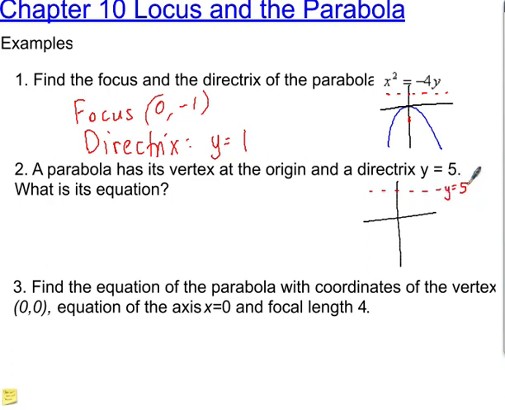That means it must be down there. So if the directrix is y equals 5 and the vertex is at the origin, what's the focal length? 5. So the focus is (0, -5). Focal length is just 5. That distance here.